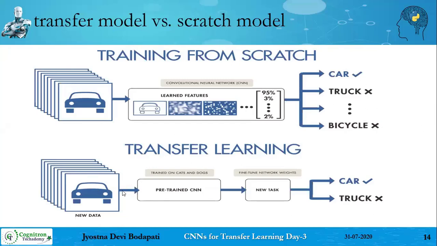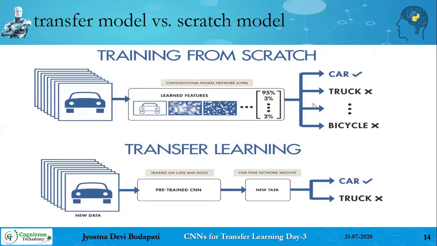Now, what happens when I apply transfer learning? I am giving the input data, and you take a pre-trained CNN like VGG16 or ResNet, or any model you can take. You remove the fully connected layers or the final layer of your VGG16 and attach one more layer, a softmax layer, with only 2 neurons.